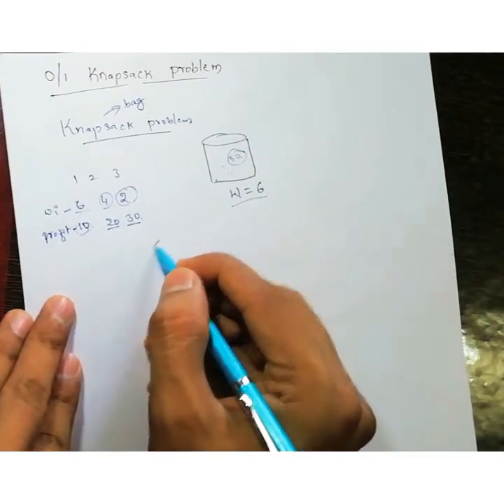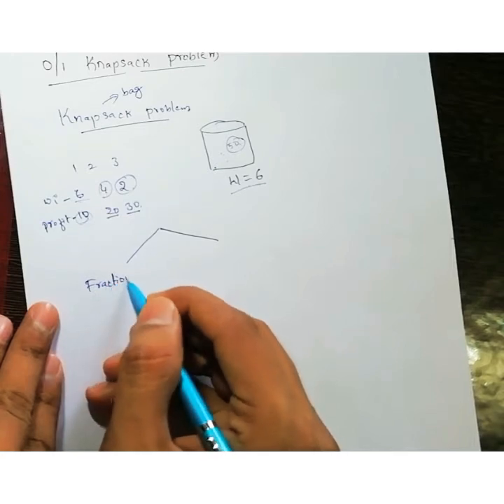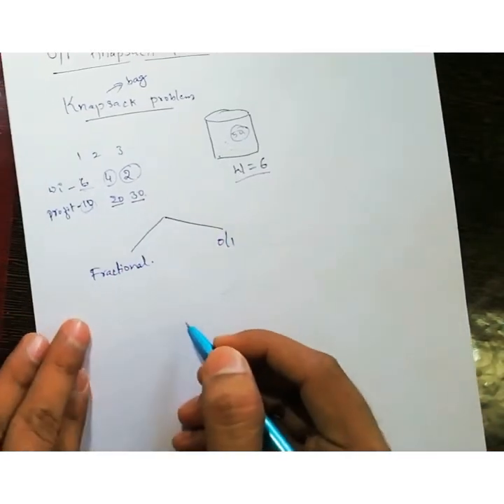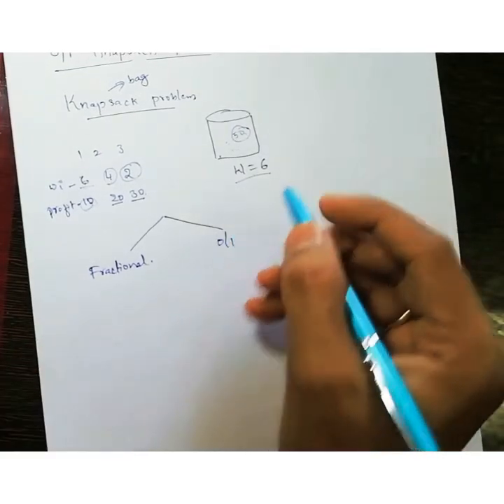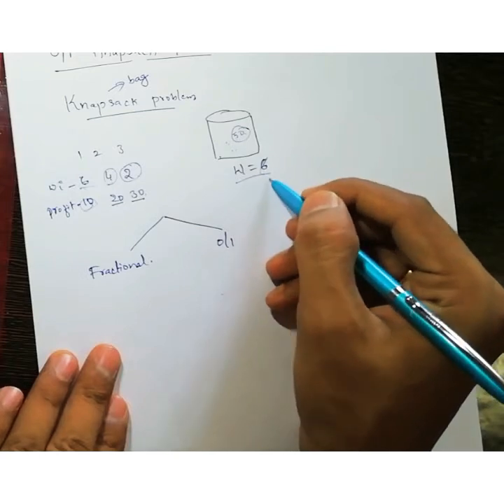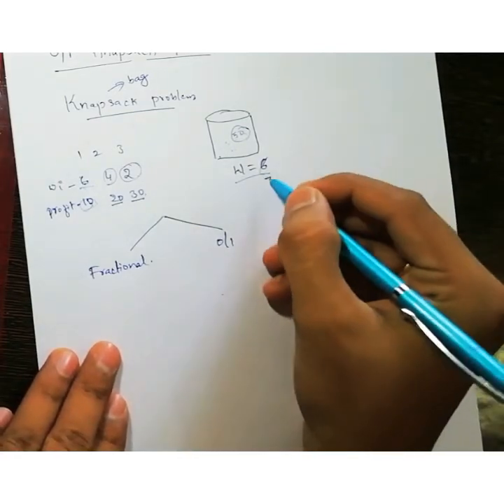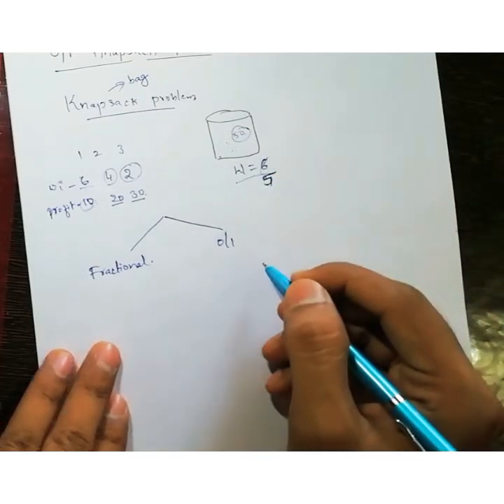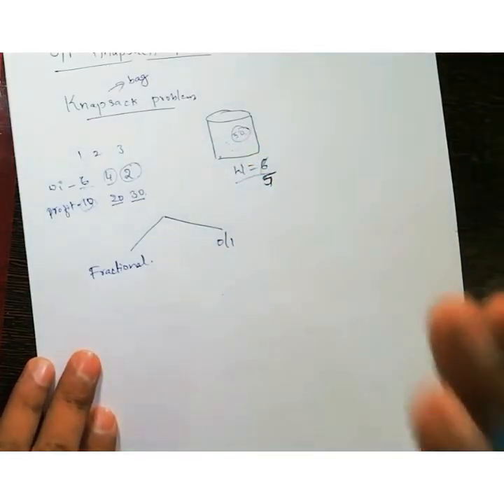Under the knapsack problem we have two types. The first one is the fractional knapsack problem and the second one is the 0-1 knapsack problem. For the fractional knapsack problem, for example, the capacity of this bag is 5, and I want to select the items in such a way that I get maximum profit.